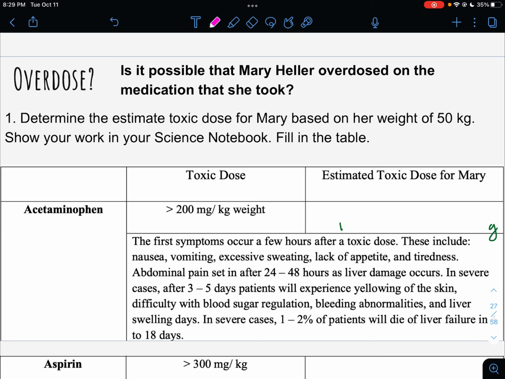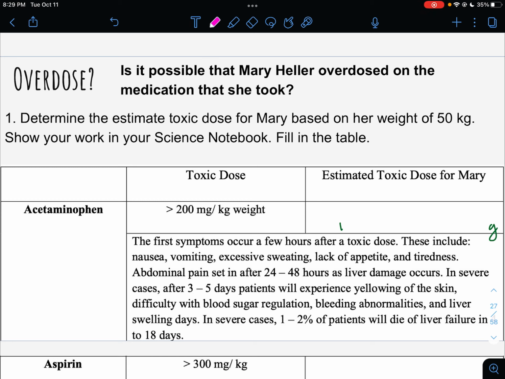And if you have too much of that medicine or whatever it is in your body, then your liver just can't keep up. So we'll look at acetaminophen first. We do have some general symptoms for a toxic dose. These symptoms may come into play later when we start looking at the symptoms of Mary. For now, we're just going to pay attention to the numbers.